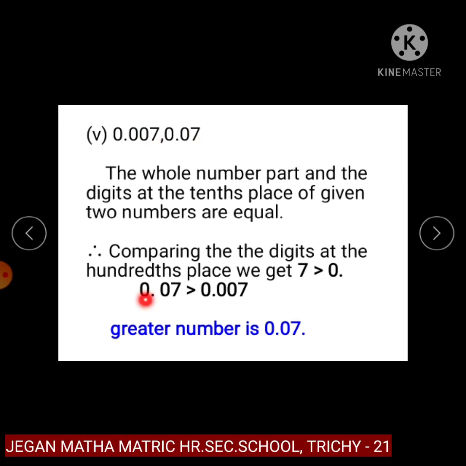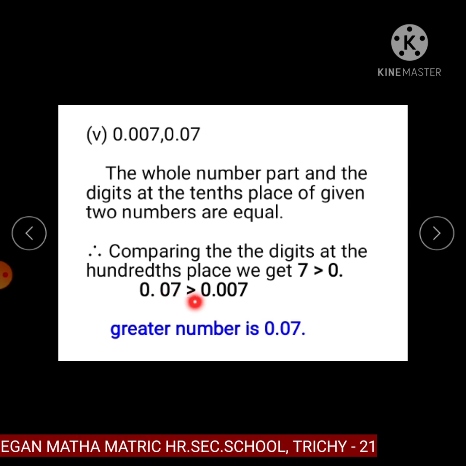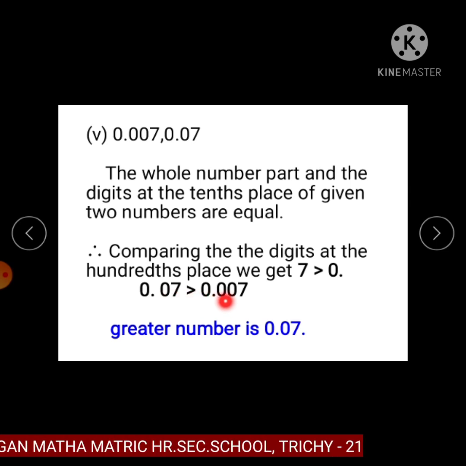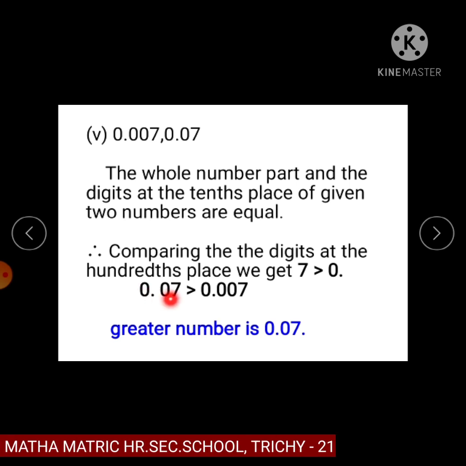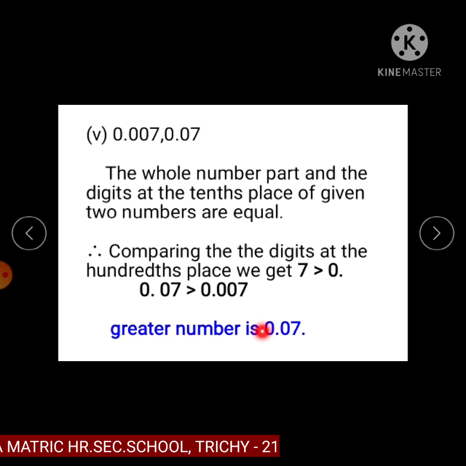Therefore, 0.07 is greater than 0.007. The greater number is 0.07.